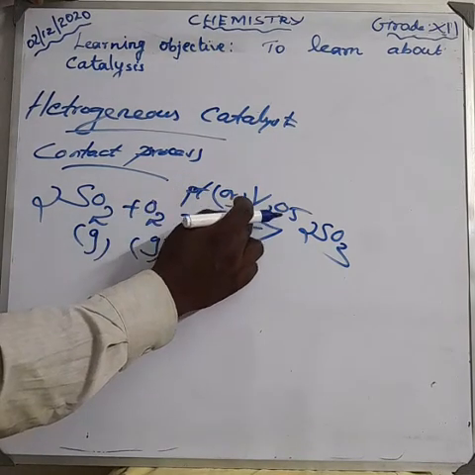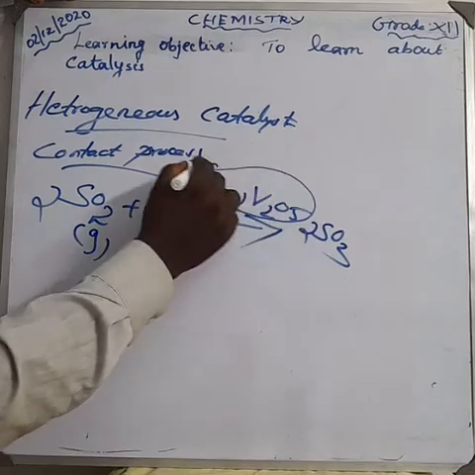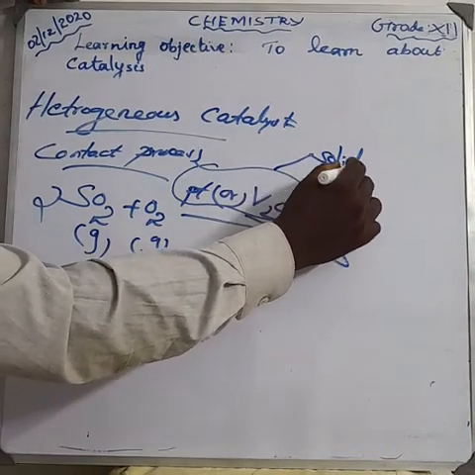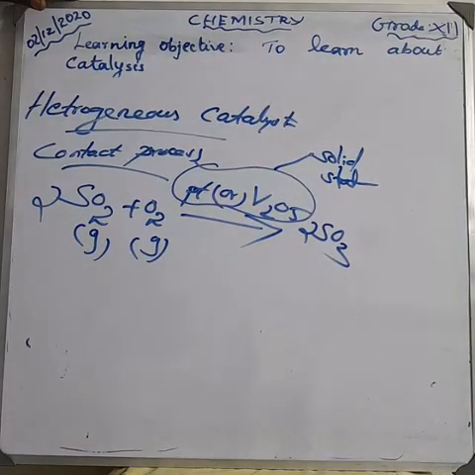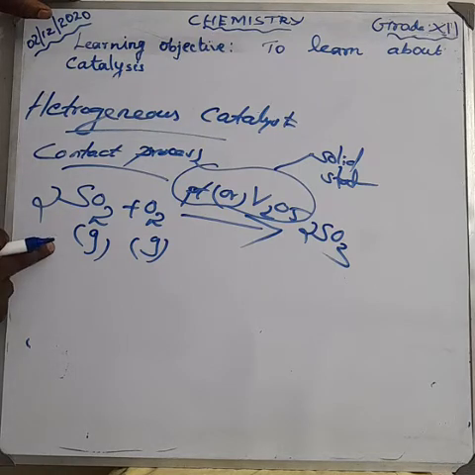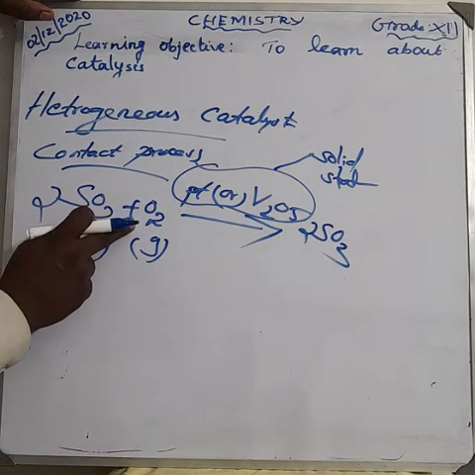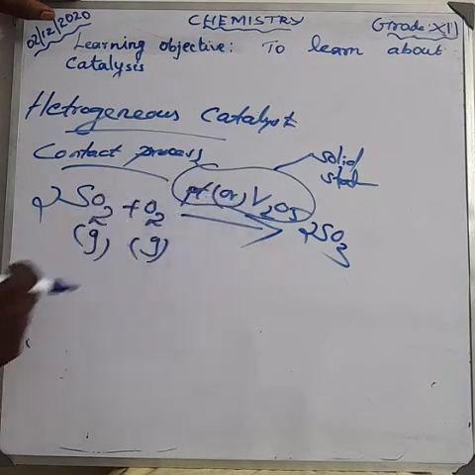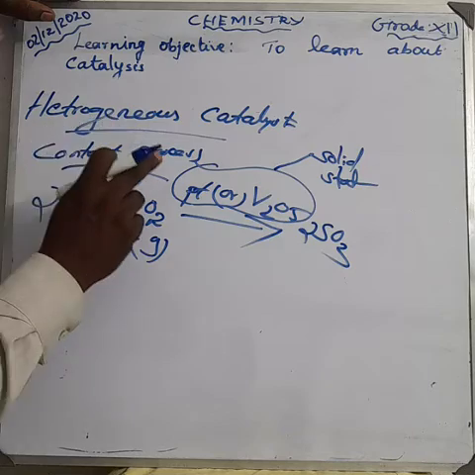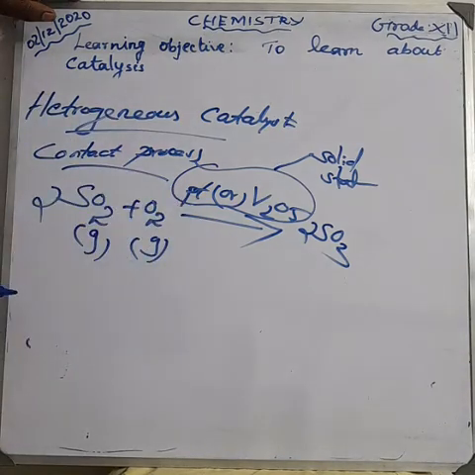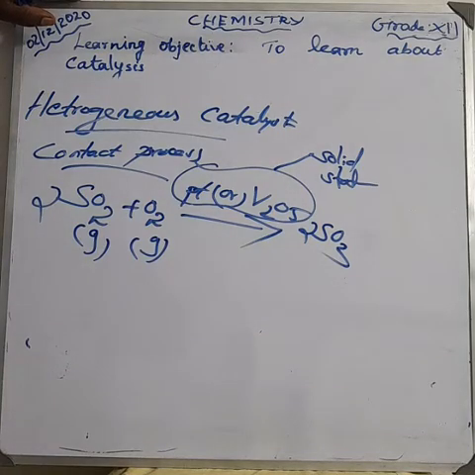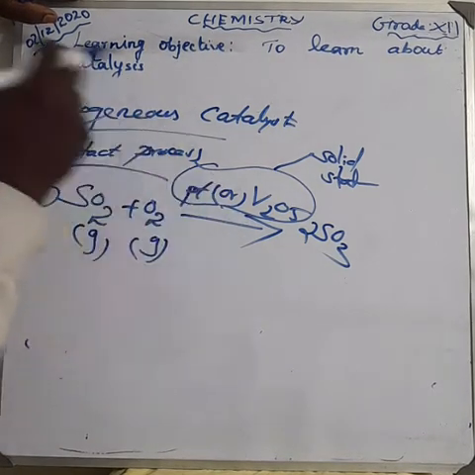Pt and vanadium pentoxide are both in the solid phase. Clear? So sulfur dioxide reacts with oxygen in the presence of platinum or vanadium pentoxide to give SO3, sulfur trioxide. Gaseous state and also solid state.